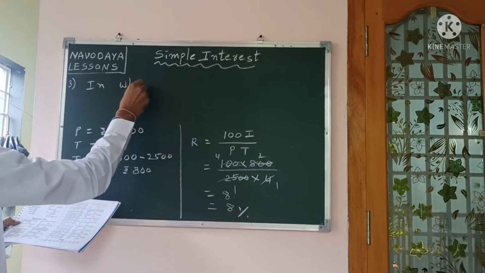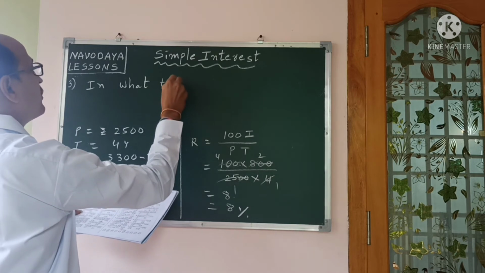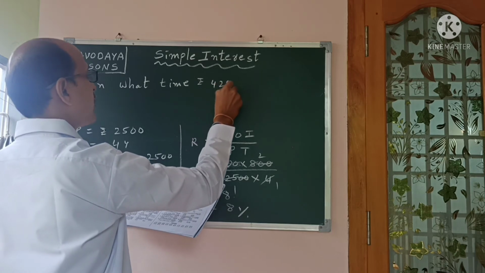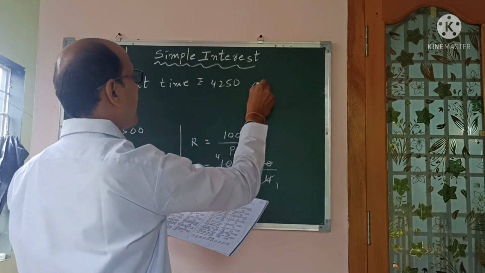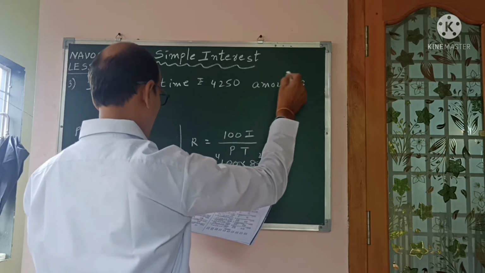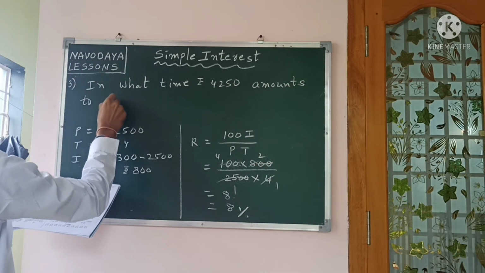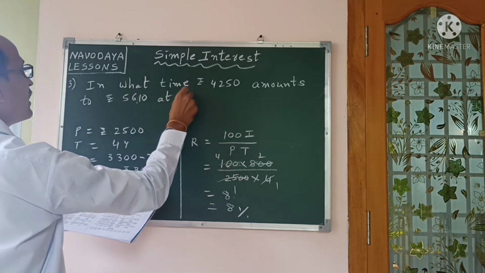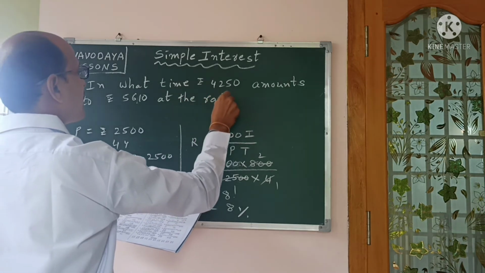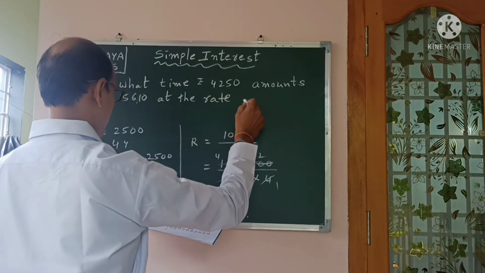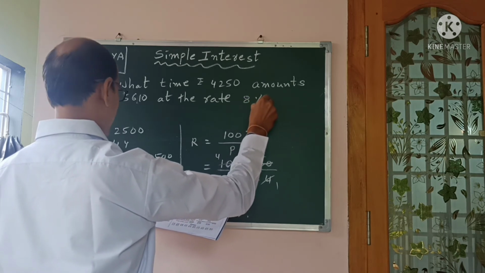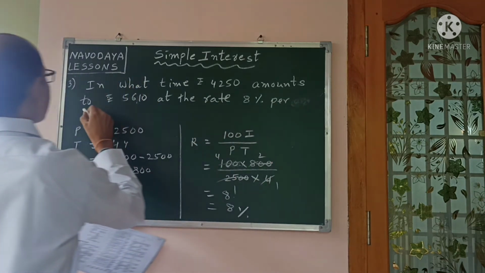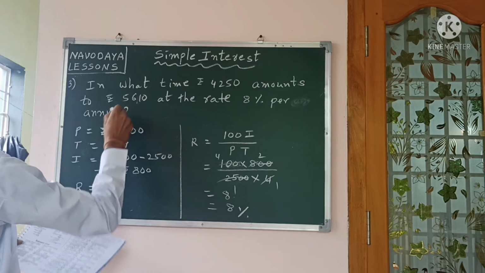In what time rupees 4250 amounts to rupees 5610 at the rate 8% per annum. This is the question.